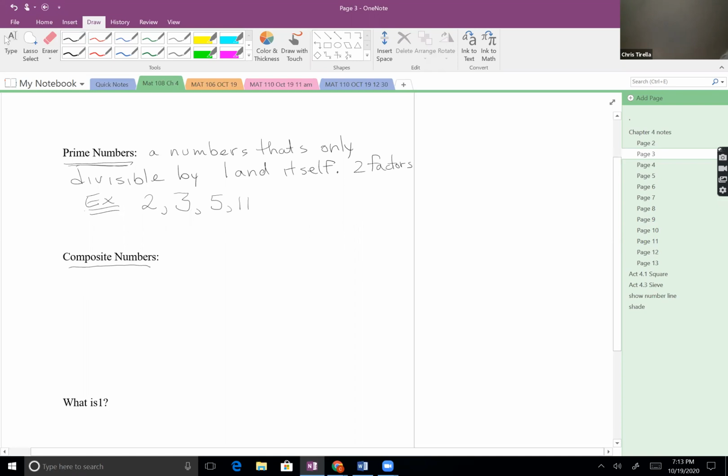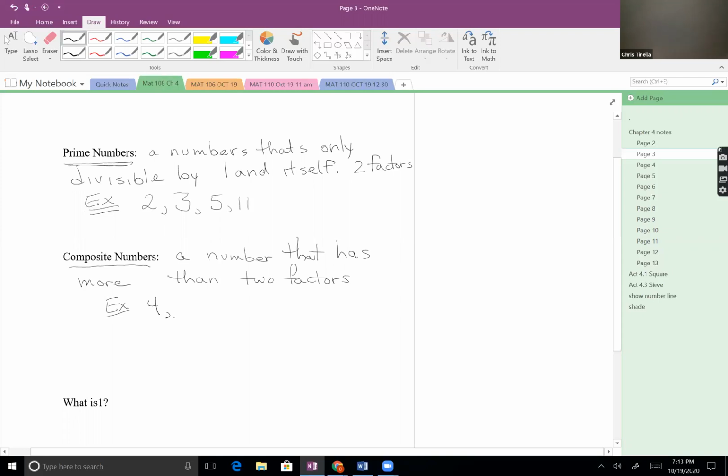A composite number is a number that has more than two factors. And so if we think back to that table that we just made, one example would be 4.